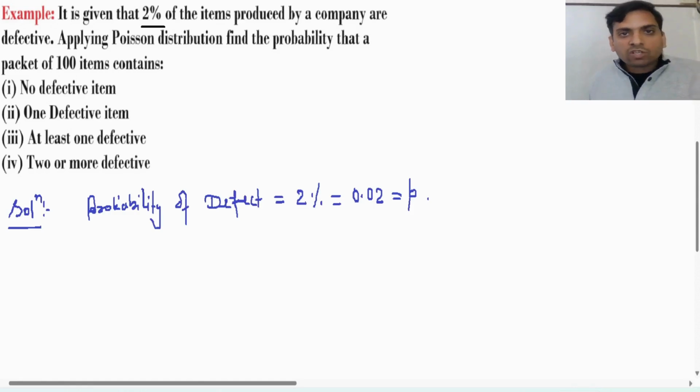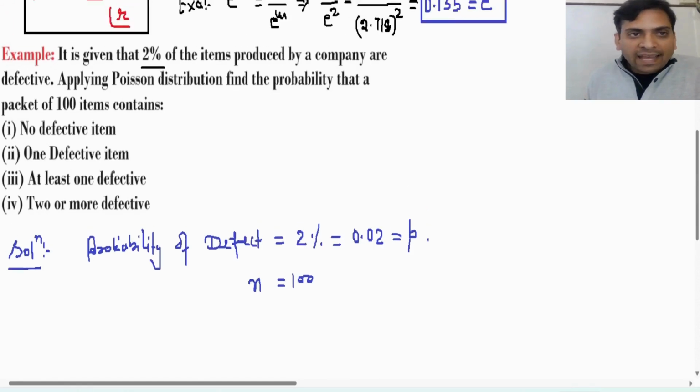Applying Poisson distribution, find the probability that a packet of 100 items contains. Now a packet of 100 items is just like n observations. So n equals what? 100. Clear?